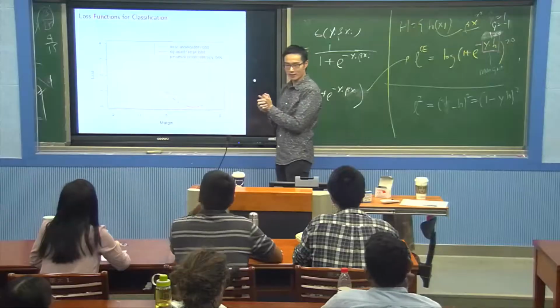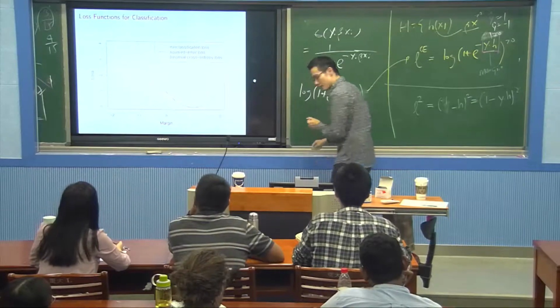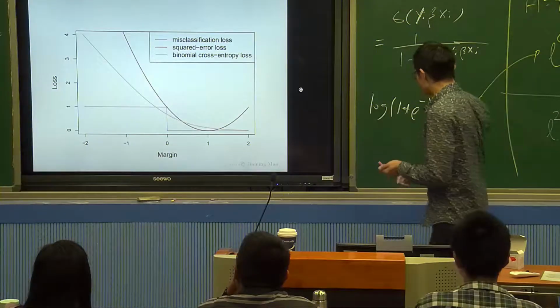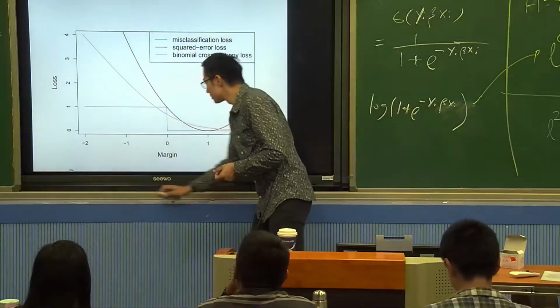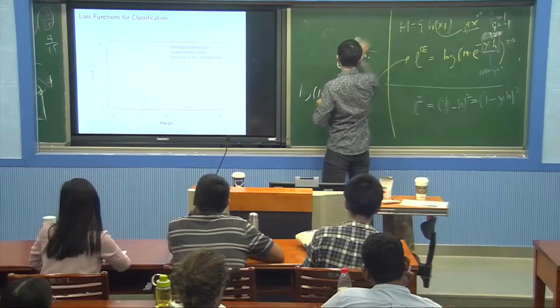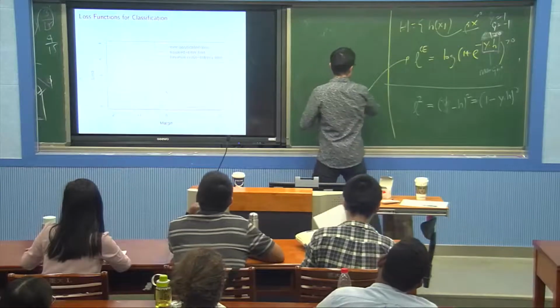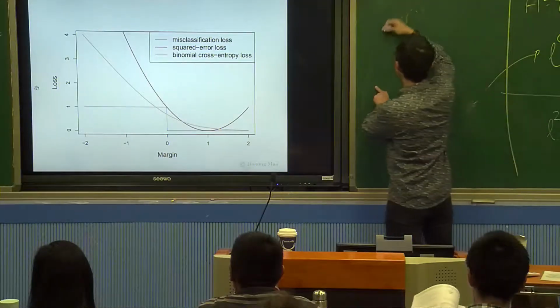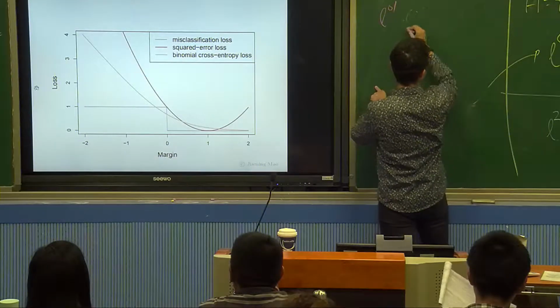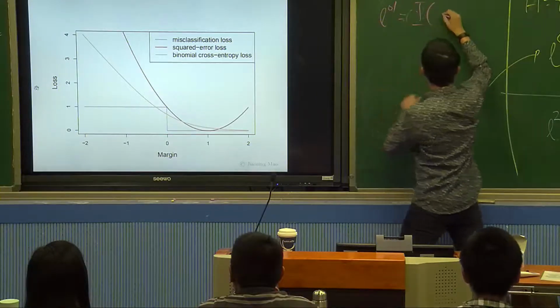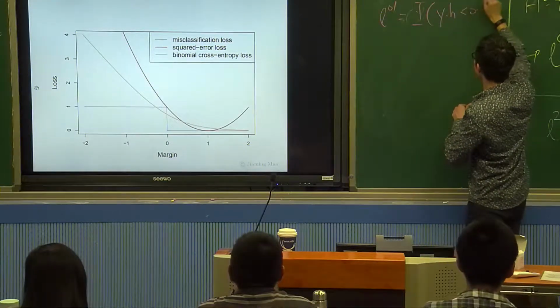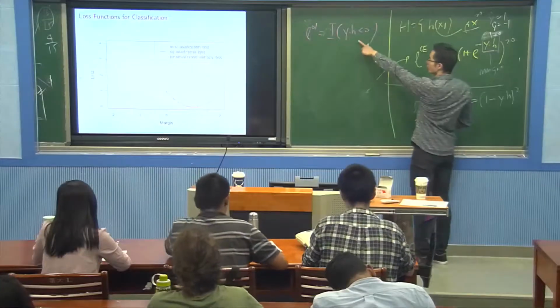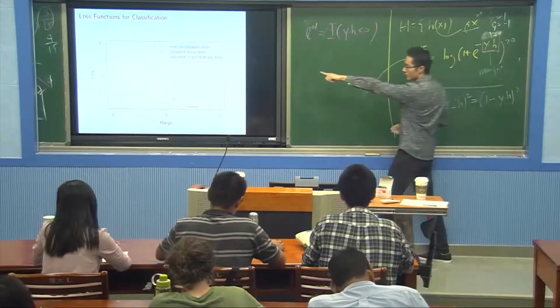We begin with the 0-1 loss function. So we have 3 loss functions here. The 0-1 loss function is equal to the indicator of margin smaller than 0. So let's look at what this loss function looks like in terms of this graph.